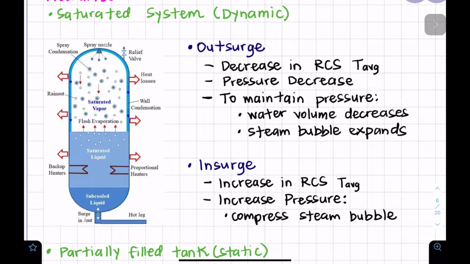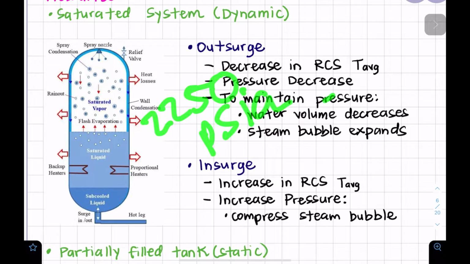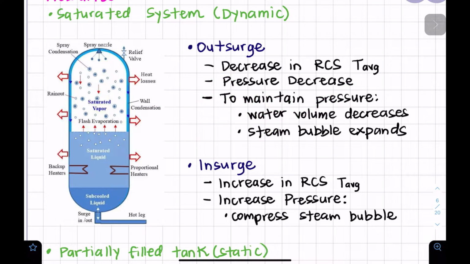We reach the temperature that we needed to reach. We need to turn off the backup heaters, right? And as the pressure continues to increase, the controlled heating current will decrease because we need to stabilize the pressure, usually at 2250 psia, right? So we need to make sure that we stabilize it.